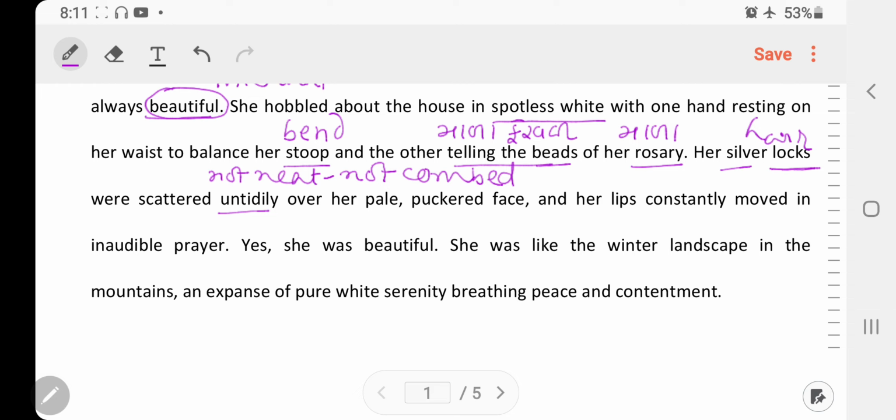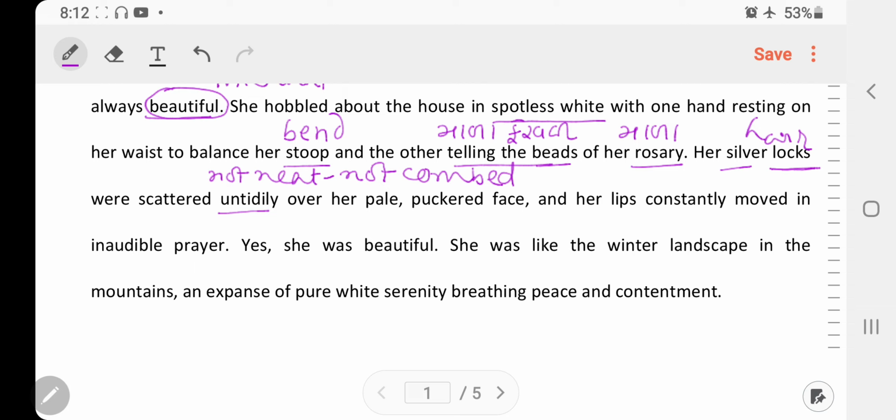Yeah, she was beautiful. She was like the winter landscape in the mountains. See what is the simile here? She was like the winter landscape in the mountains. કોઈ પર્વતો હોય અને પર્વતોમાં શિયાળામાં કેમ ચારે બાજુ બરફ છવાયેલો હોય અને લેન્ડસ્કેપ એટલે કુદરતી દ્રશ્ય કેવું અદ્ભુત લાગે. She was so beautiful.